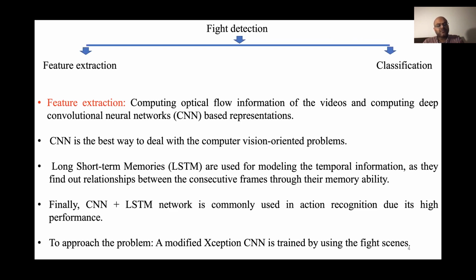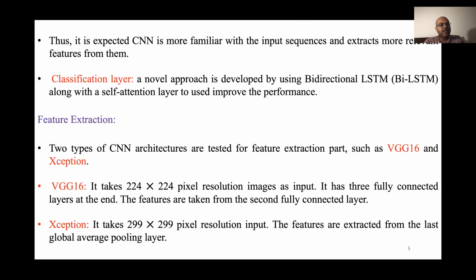To approach this problem, they use a modified Xception CNN trained using fight scenes. Thus, it is expected that the CNN is more familiar with the input sequence and extracts more relevant features from them. In the classification section, a novel approach is developed using LSTM, along with a self-attention layer to improve the performance.